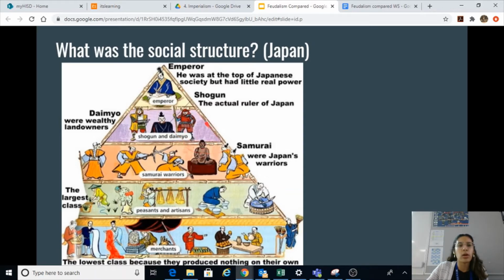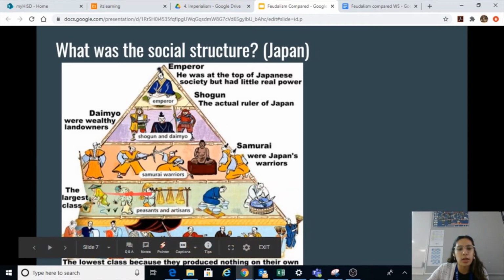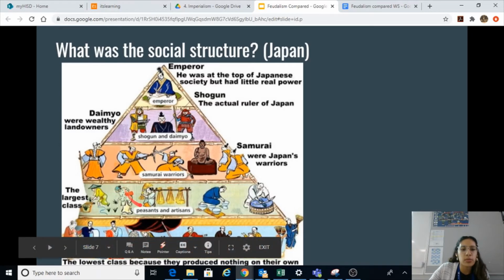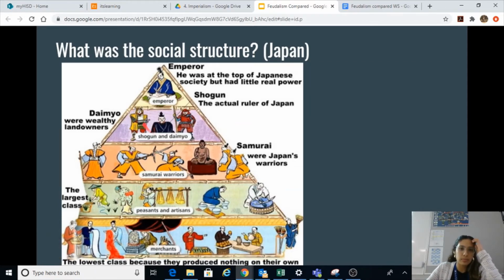The daimyo are our local landlords, and they are our wealthy landowners, and they are going to rule over the samurai. So the daimyo are going to give land to the samurai, and the samurai are going to have the peasants and the artisans work the land. And then in exchange for that work, the samurai are going to protect the peasants from any attacks from rival clans.